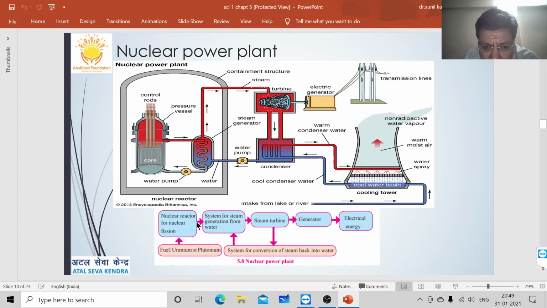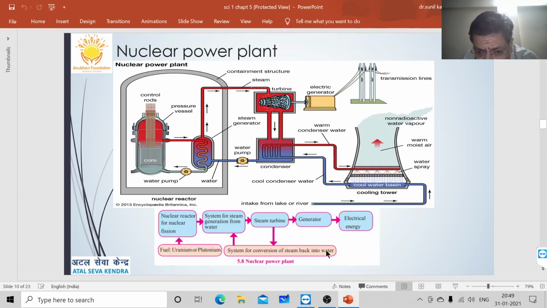Because of the nuclear fission, where the fuel is uranium or plutonium, which are radioactive substances, a lot of energy is released, which will be used to heat the water where steam is produced. It will also work on the steam turbines and the generators, and electrical energy is produced.